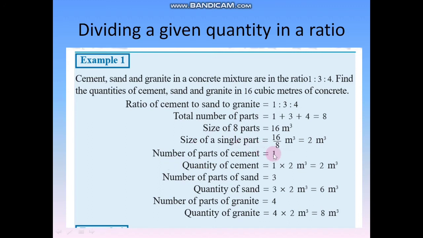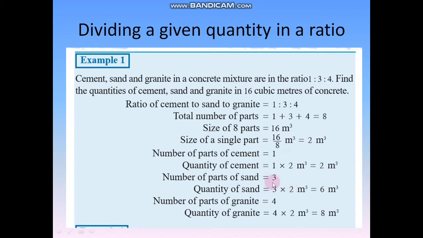Number of parts of cement is 1. Quantity of cement is found by multiplying this by 2, the size of a single part. So the quantity of cement in 16 cubic meters is 2 cubic meters. Sand is 3.